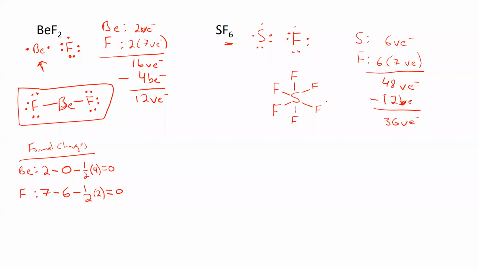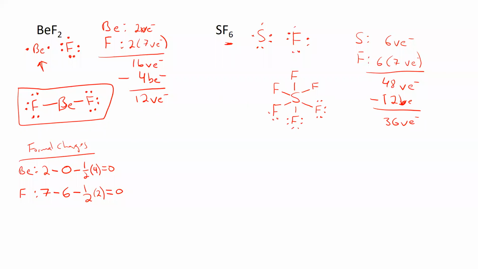And we're going to start placing those as lone pairs around the fluorine atom. So 6 electrons on the first one. Remember, once we have those 6 valence electrons added, those 6 plus the 2 in the bond give us an octet. There's 12 of the electrons used up.